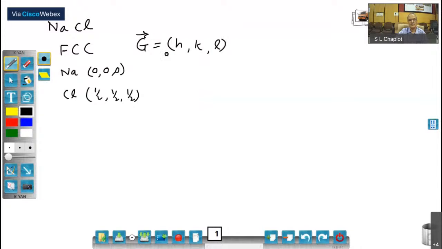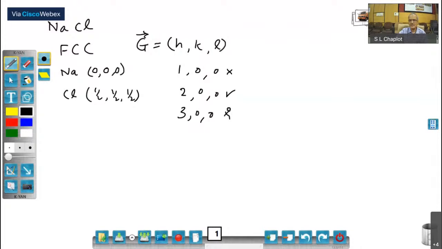So there are certain allowed G values that you are already aware of. Certain reflections are missing for sodium chloride, and only certain reflections are allowed. For example, we know that 100 is not allowed, but 200 is allowed. So if you have HKL and H odd, that will not be allowed. Only this reflection exists, but these two don't.